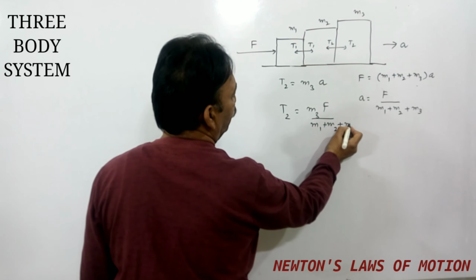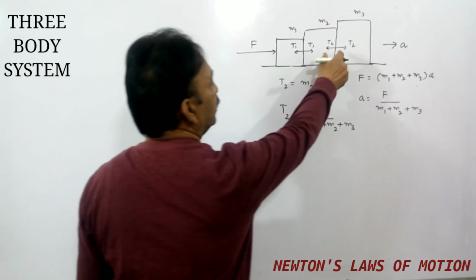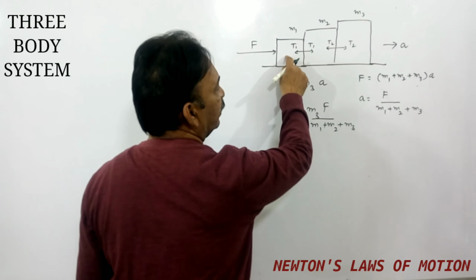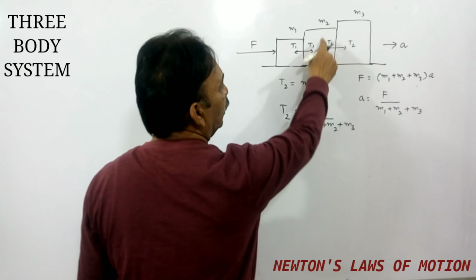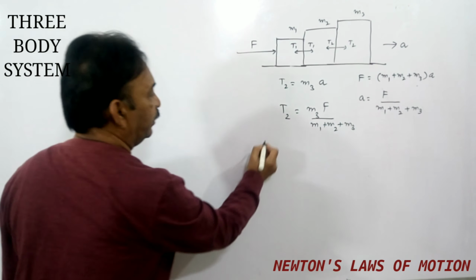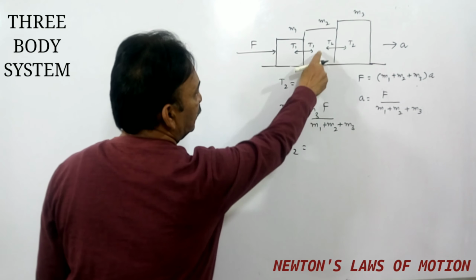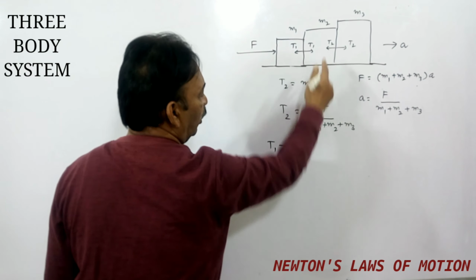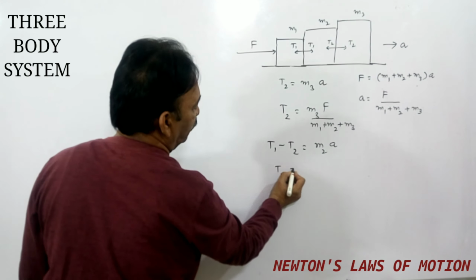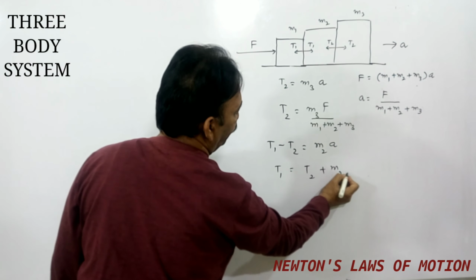Okay, students, now is the time to find out T1. See this, the difference between the two: here T2 is in this direction, T1 is here. The difference between the two is providing acceleration to this block m2. Then we can write T1 minus T2 is equal to m2 multiplied by A, that is T1 is equal to T2 plus m2A.